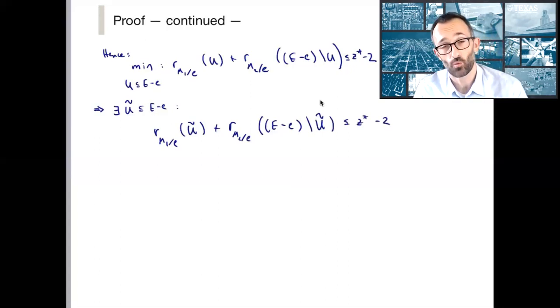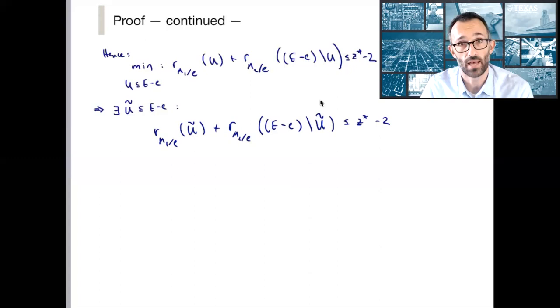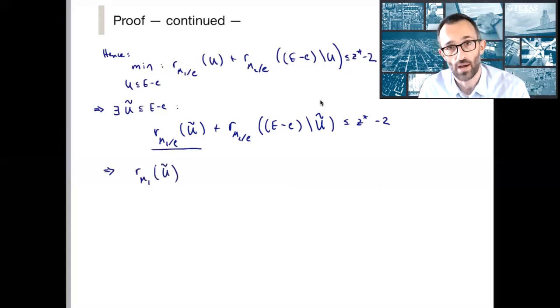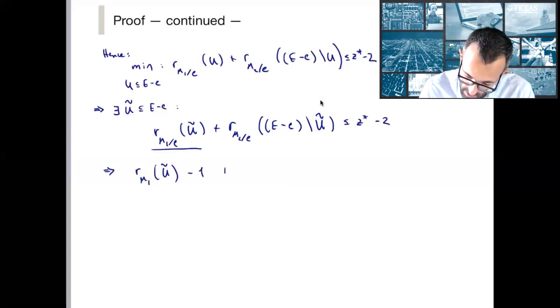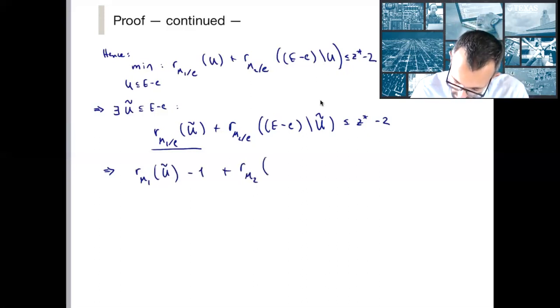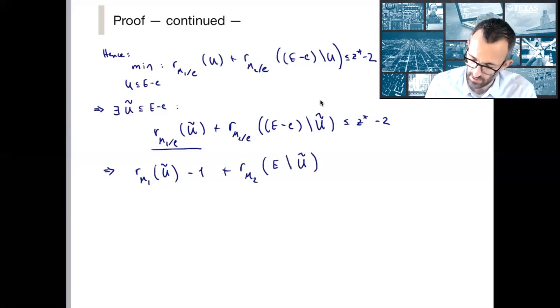Now let's remember what the rank function does. Again, recall the rank function is not the same in the contracted matroid as it is in the original one, unlike for deletion. So this is exactly equal to the rank function in M1 of U tilde minus the rank of the contracted element, which we've assumed is 1, so minus 1, plus the rank function in M2 of E minus U tilde minus 1.